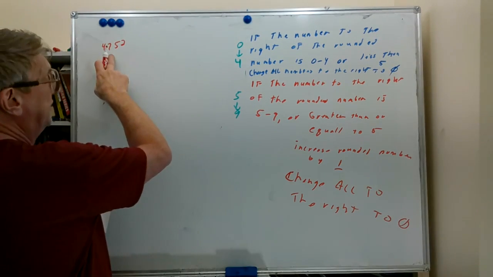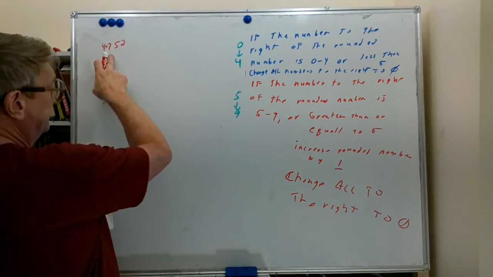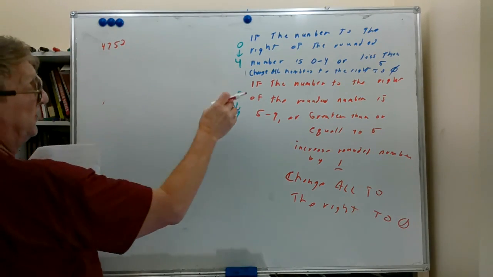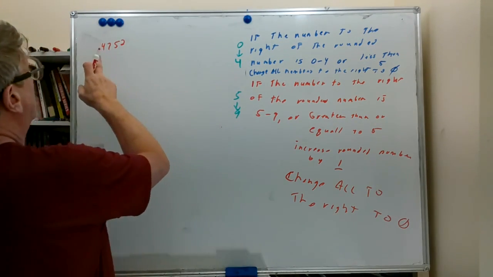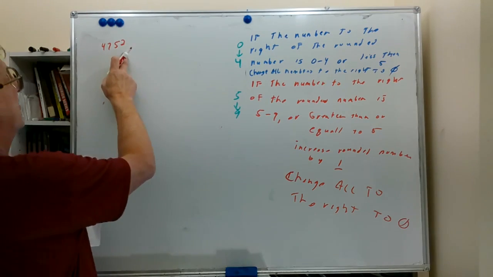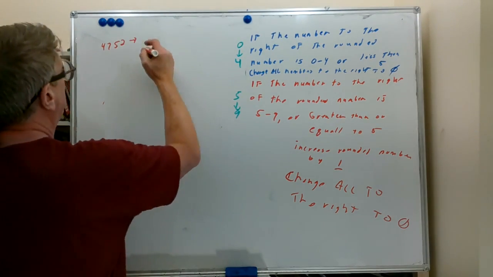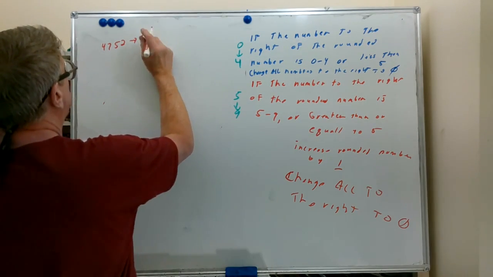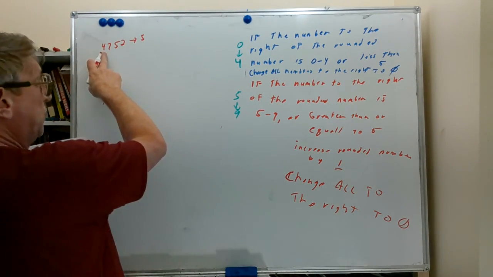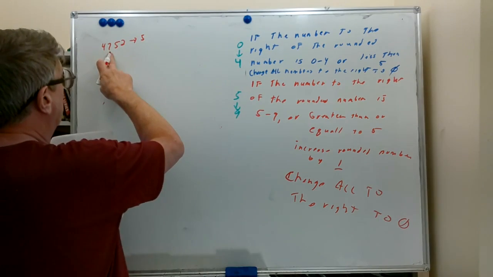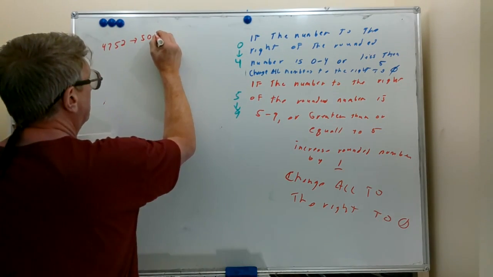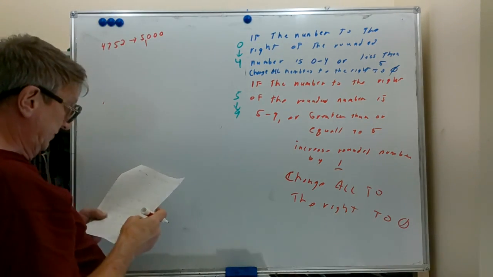We look to the right, we see that it's a 7, which is in the 5 to 9, which means we're going to increase the 4 by 1 and change everything else to 0. So if we round to one significant figure, we increase the 4 by 1 because of the 7, and everything to the right becomes a 0. That becomes 5,000.